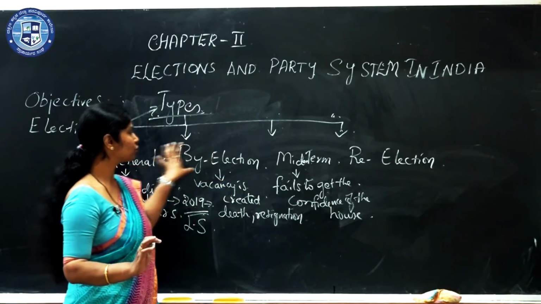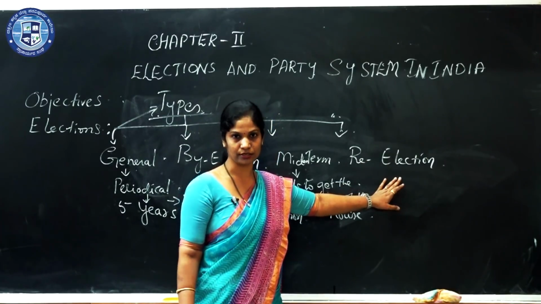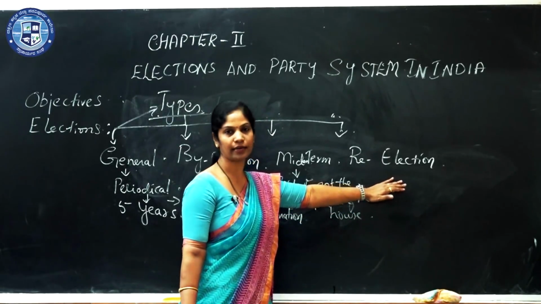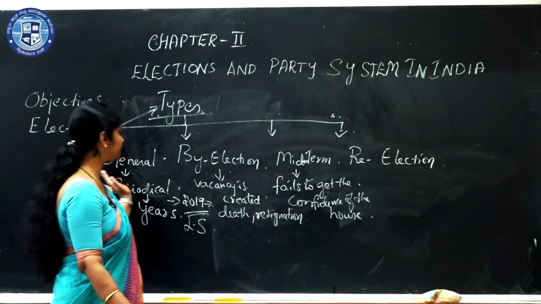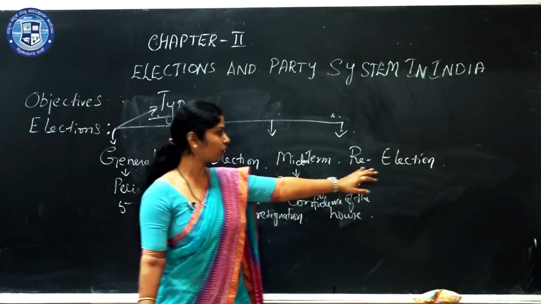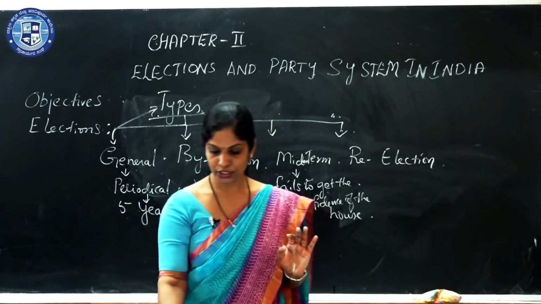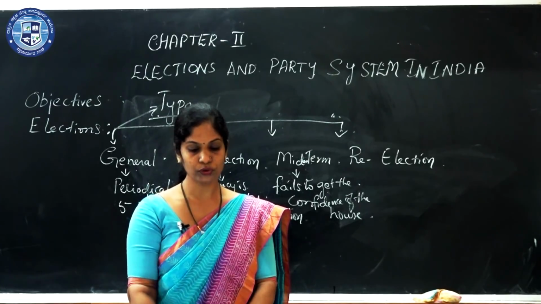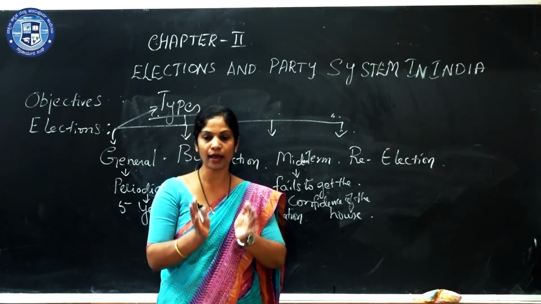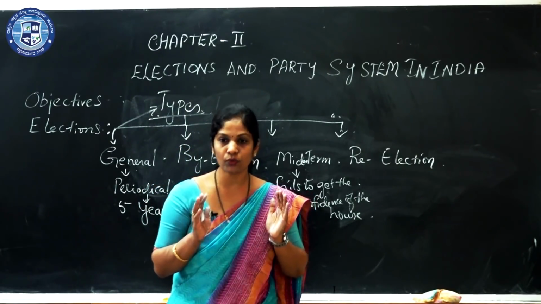I hope you have understood these three types of election, and the last one is the re-election. What is the meaning of re-election and when are re-elections conducted? This is quite different from the other three types. Re-elections are not conducted for the whole constituency. They are conducted only in some seats or some booths. Why only in some booths?